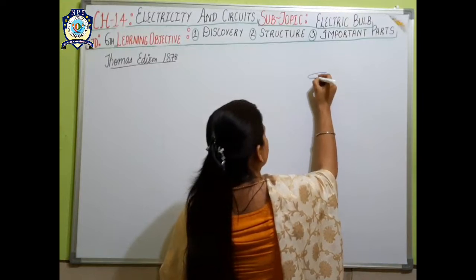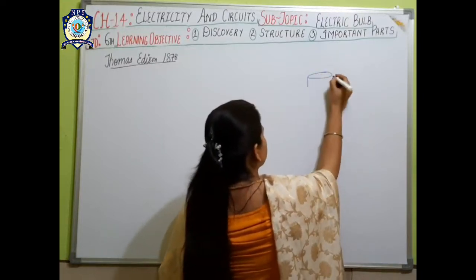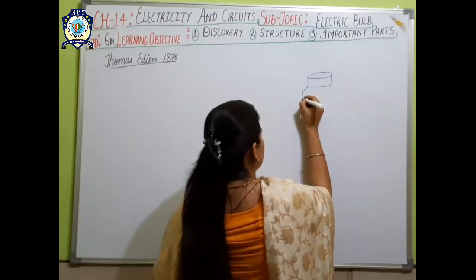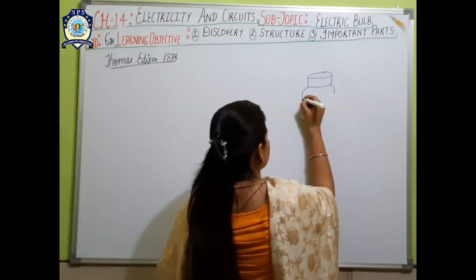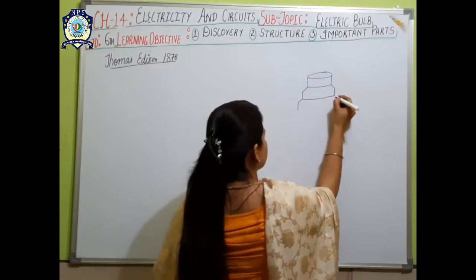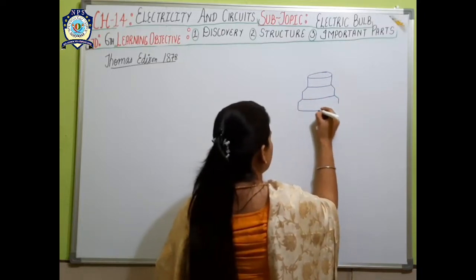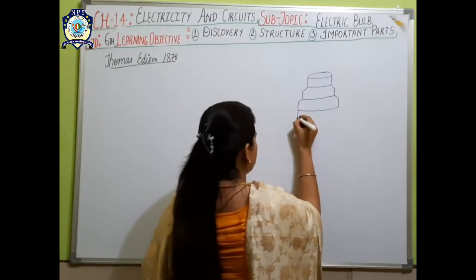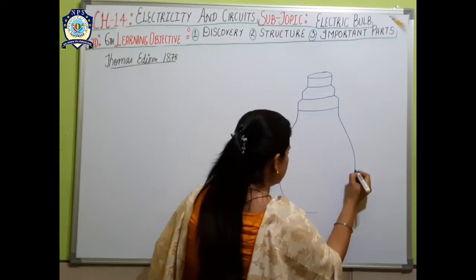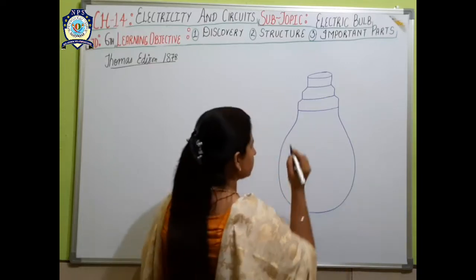I made all the diagrams before going live so that it would be easy for you to draw in your notebook along with me. You can try this. You have to make such kind of extensions. Now you have to go for the outline of the bulb. It's the bulb casing.